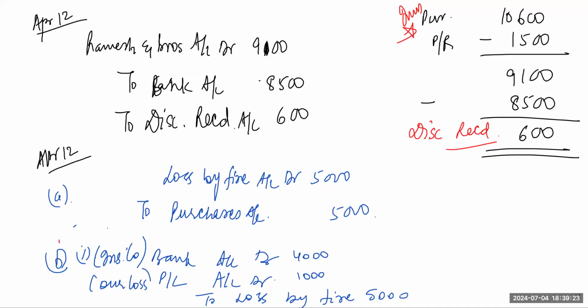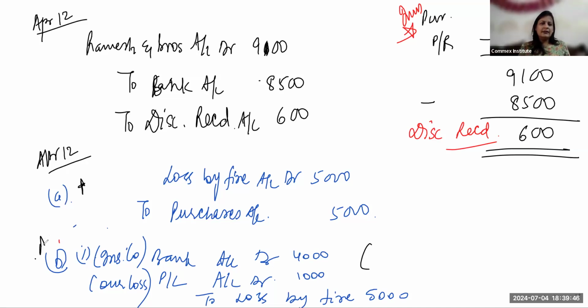Ma'am, what will we write in the narration for the April 20th transaction if we have written the bank account 4,000 on April 12th itself? April 20th we're talking about. This is April 12th and this is April 20th.